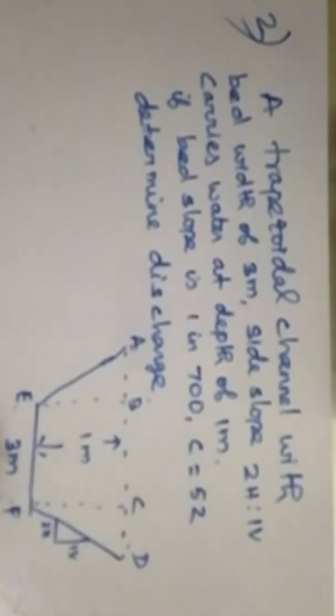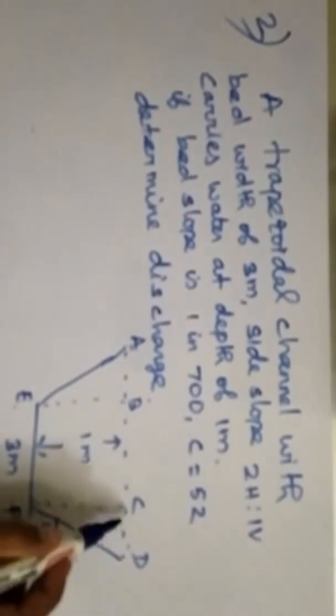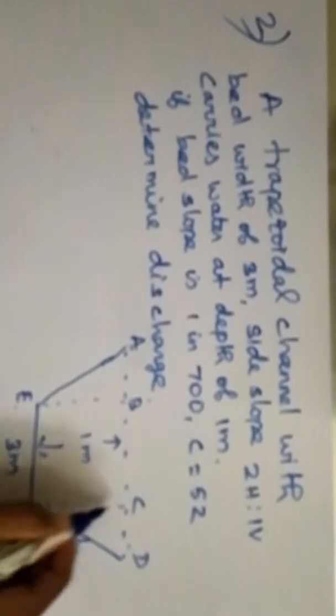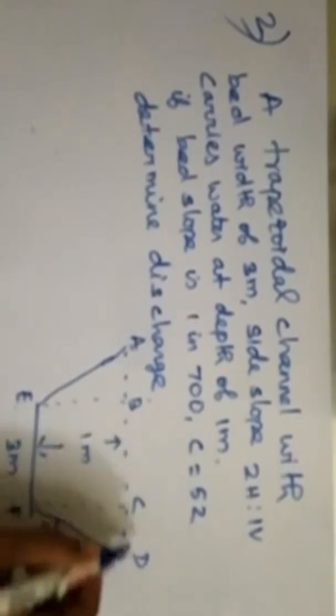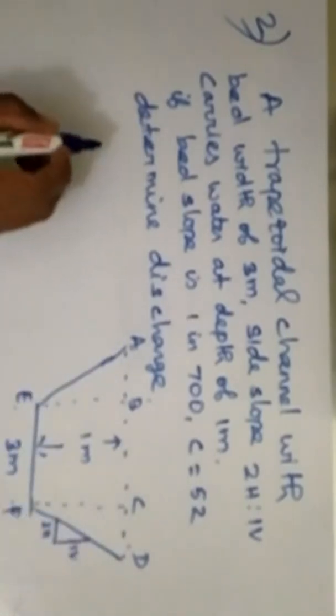This value is 1 meter, but I don't know this value. Here they gave 2 horizontal, 1 vertical. That means for this triangle and for this triangle, the horizontal to vertical ratio should be the same.